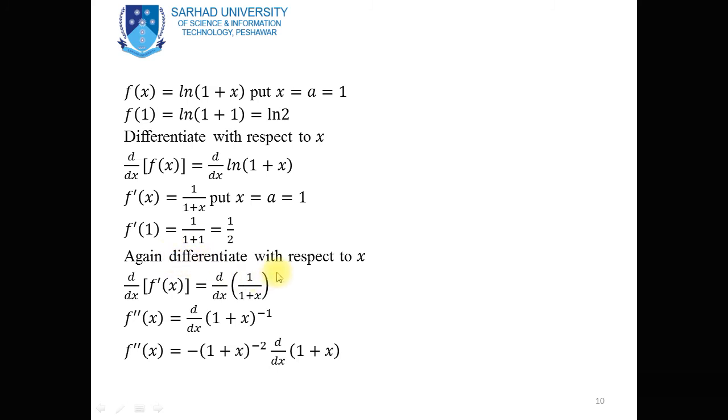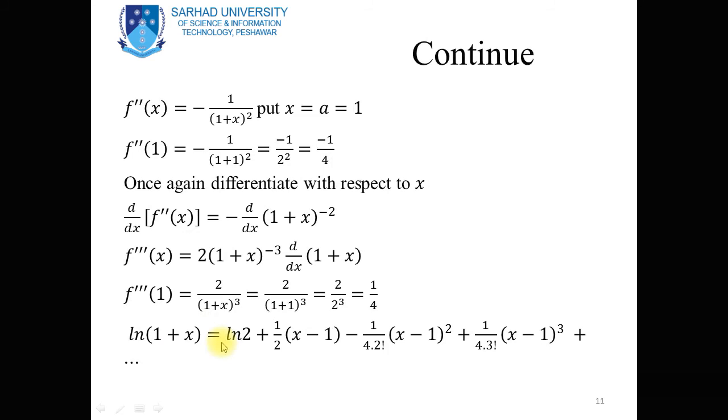Now again differentiating with respect to x. You see over here, this is the first order derivative of the function, and now we take the derivative with respect to x of 1 plus x power minus 1. By using the power rule, 1 over 1 plus x can be written as 1 plus x power minus 1, so multiply the power with the coefficient: minus 1 into 1 plus x power minus 2, and the further derivative of the base, the derivative of 1 is 0 and the derivative of x is equal to 1.